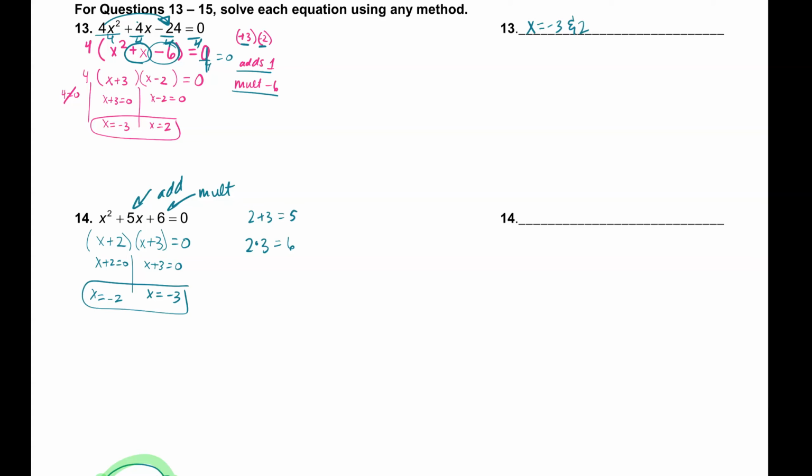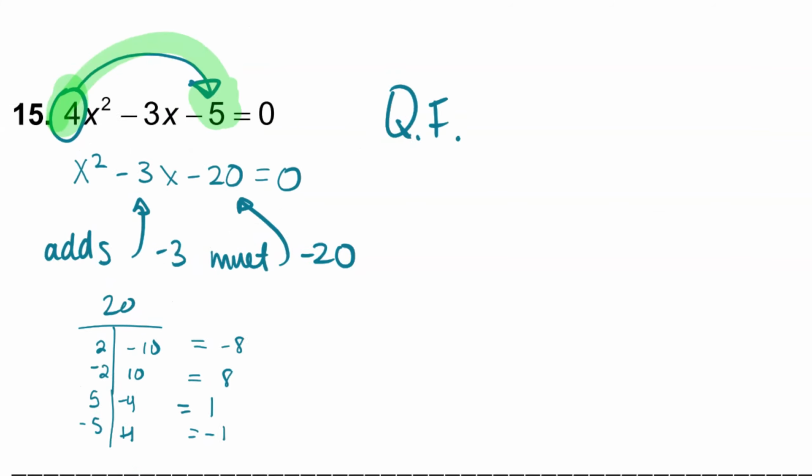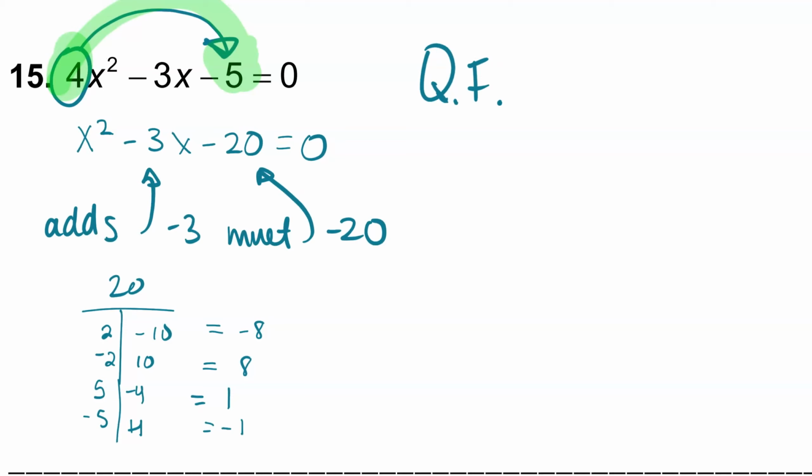First, you check for a greatest common factor. Then special cases. Then factoring. So that's why we made sure there are no common factors. This is not a special case, and then we factor using this method. You only want to go to this method after you've checked for greatest common factors. So we're not using this method for number 13.